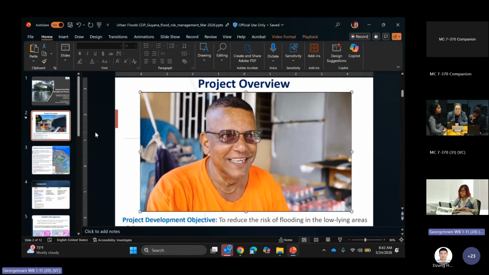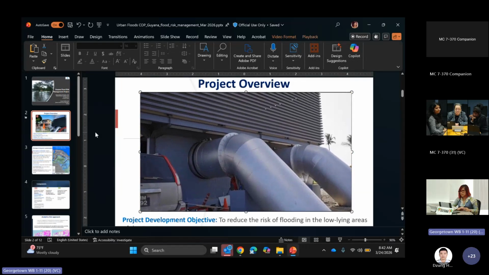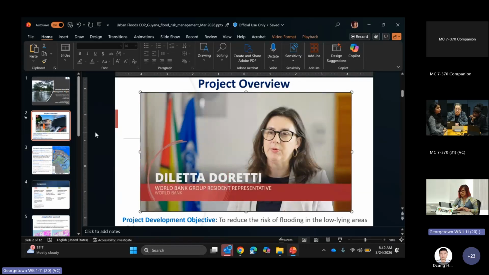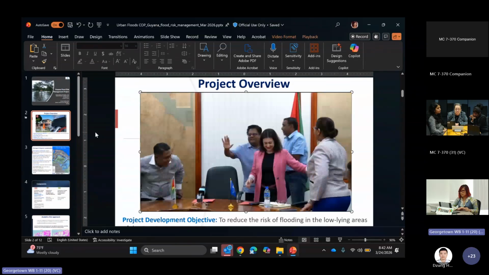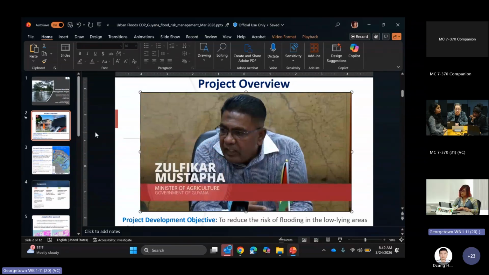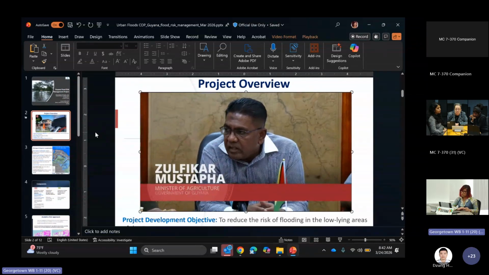The completion of the Lilian Dam pump station is really a milestone in our engagement with the government of Guyana on building resilience to flooding. Especially critical infrastructure to manage our water system.